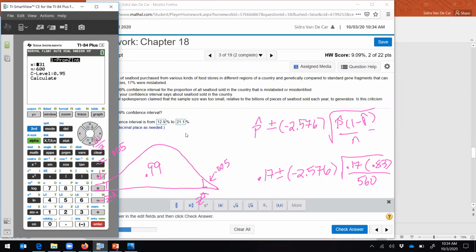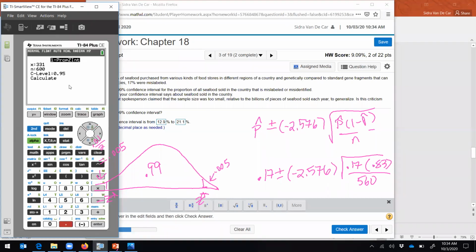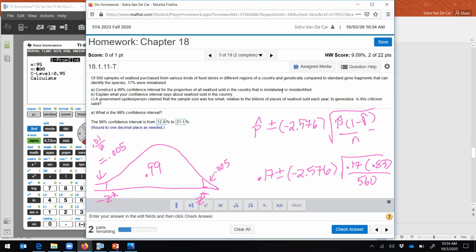And my X, well, that 17% of 560 was the successes I got. So I'll go 0.17 times 560, and that's 95.2. We're going to call that 95 because you can't have 0.2 of something, 0.2 of somebody having gene fragments, or 0.2 of something being mislabeled.